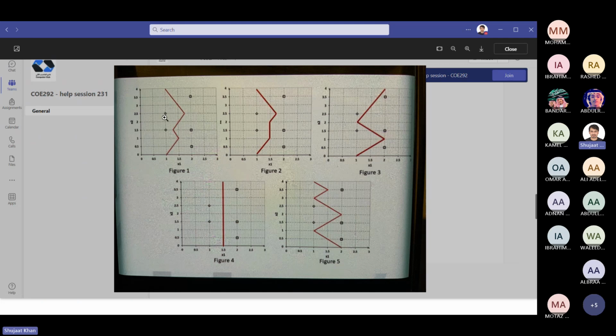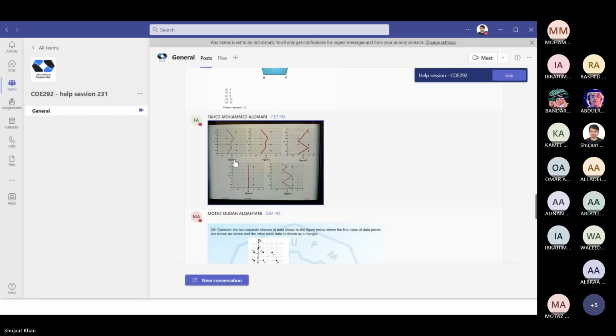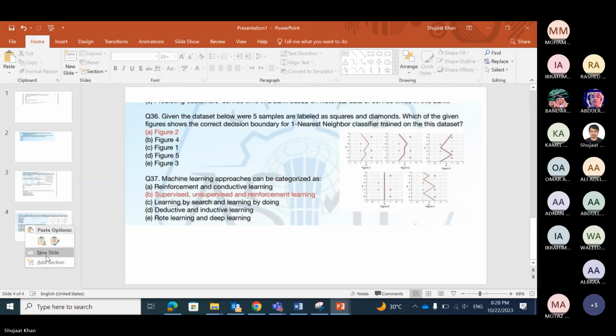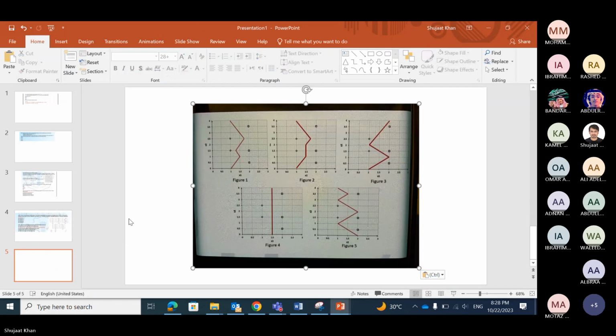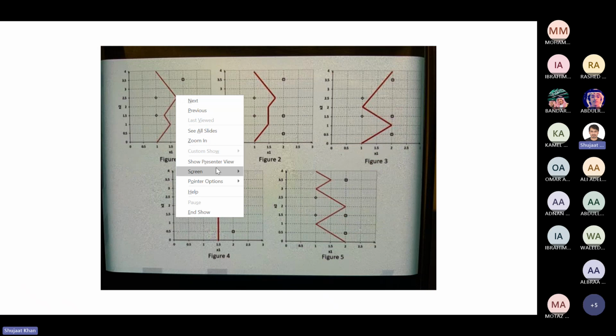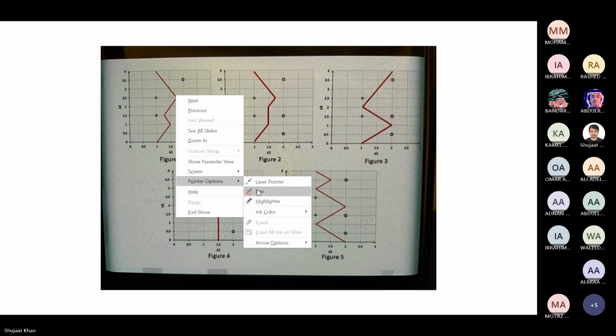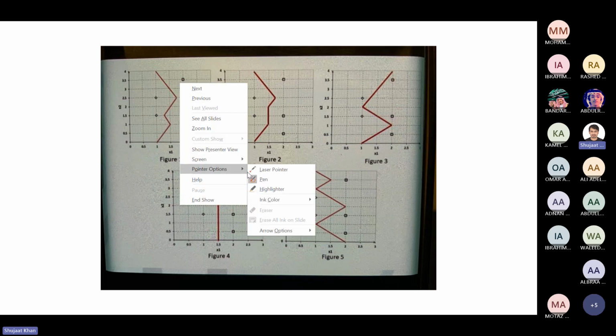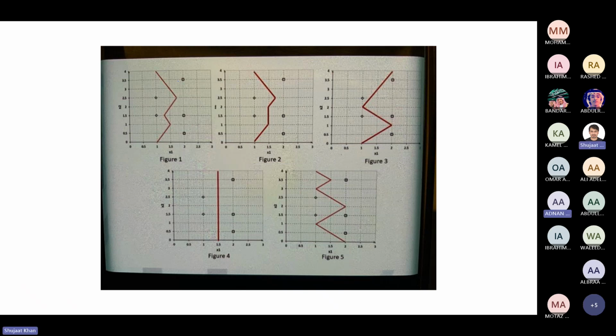For instance, here the midpoint is here, and it is orthogonal to it. Doctor, what do you mean by the midpoint?